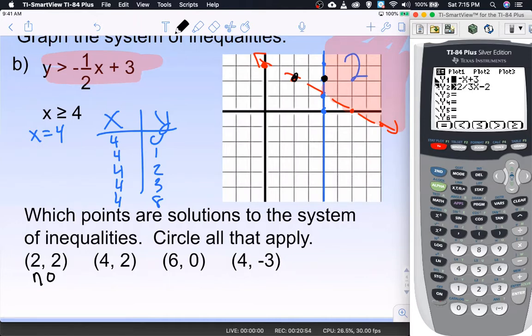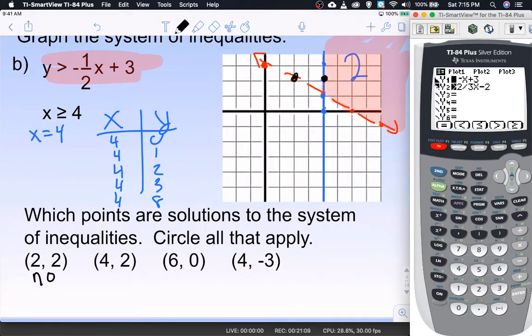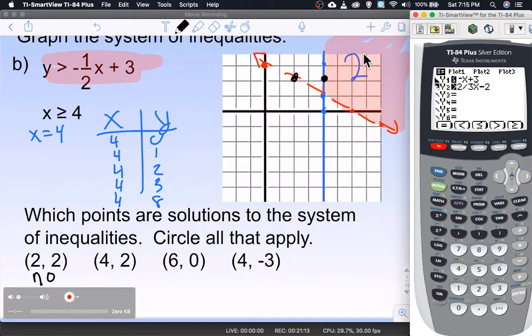It's on the edge of the shaded region. Does that mean it's a solution? In this case, yes, because it's on a solid line. On a solid line means that it's allowed. On a dotted line, you're not allowed. So this is in the shaded region, on the solid line. This is a solution.